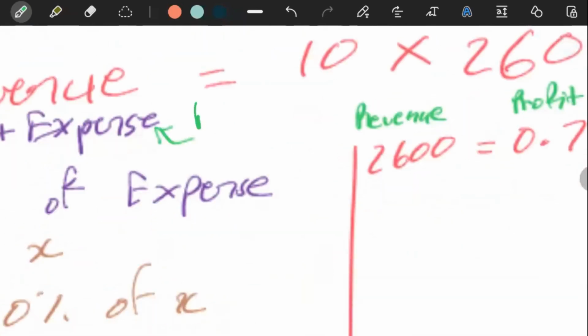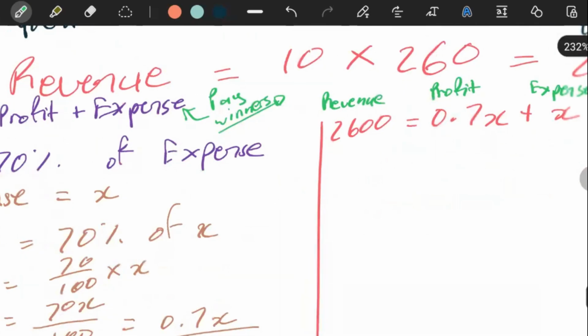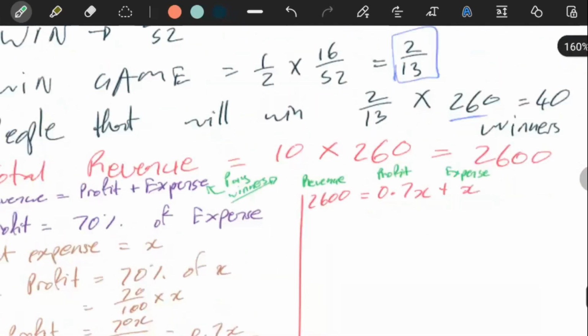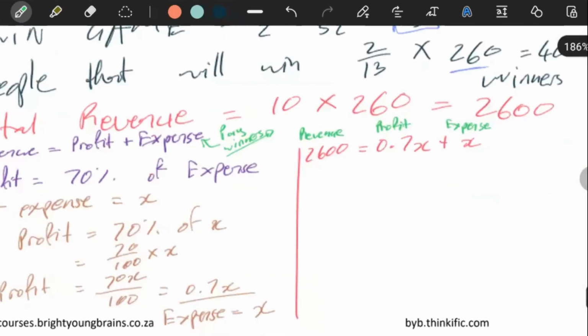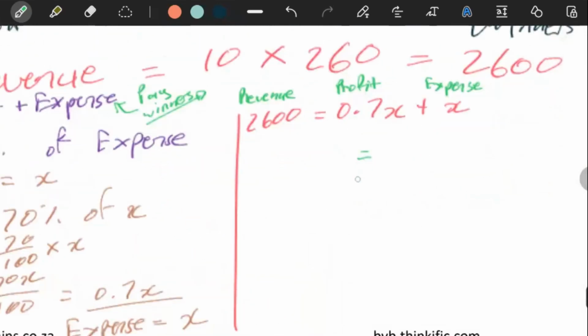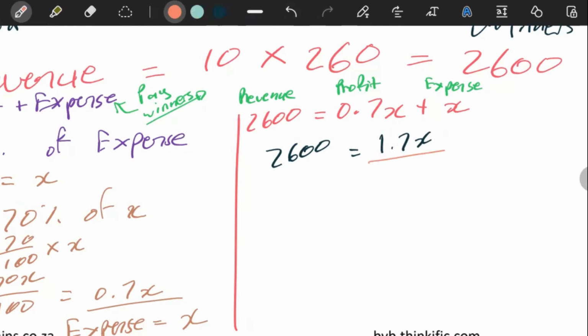So the amount he has to pay winners, we have to divide that by 40 to see what's the maximum he can give a person. So working this out, we're going to have 1.7X equals 2,600. Divide both sides by 1.7. Let's see what this is giving us in the calculator.